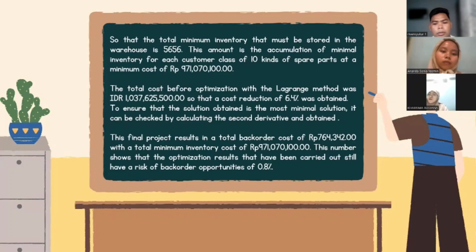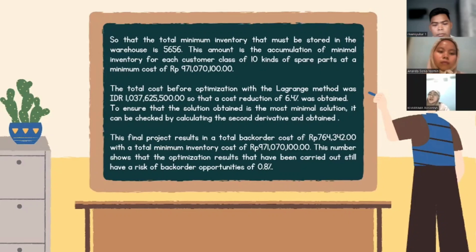The total cost before optimization with the Lagrange method was IDR 1,037,625,500, so a cost reduction of 6.4% was obtained. To ensure that the solution obtained is the most minimal solution, it can be checked by calculating the second derivative.